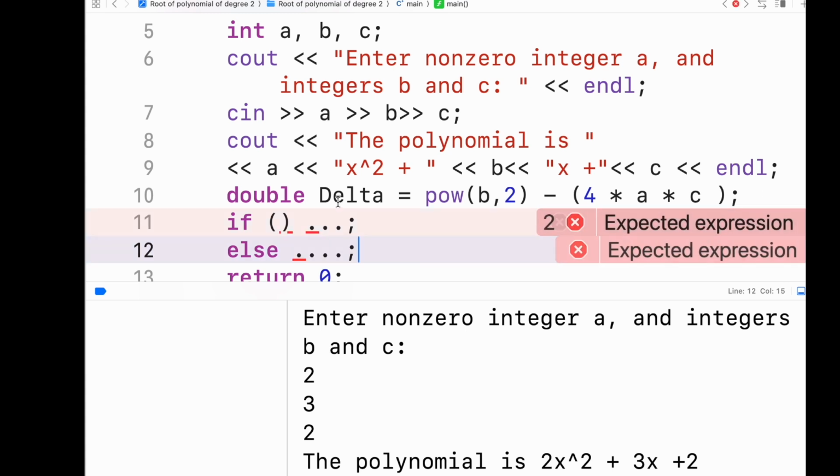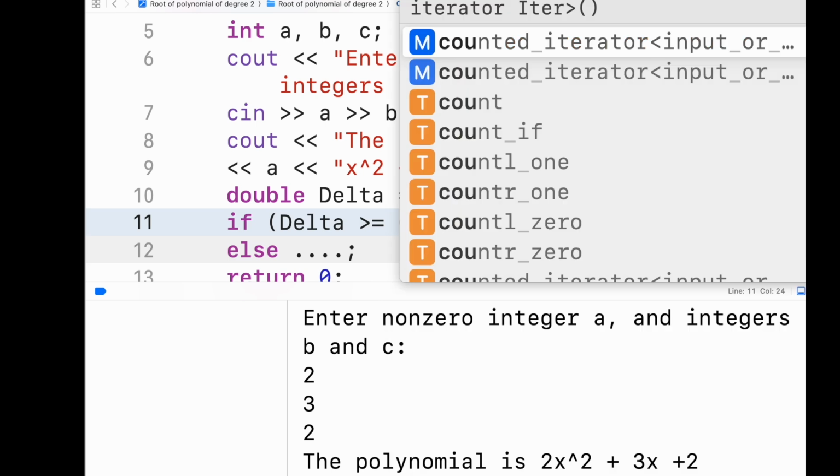So if something is true or non-zero, we have our condition here. So here we should write delta bigger or equal to 0.